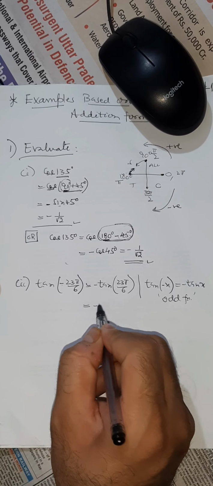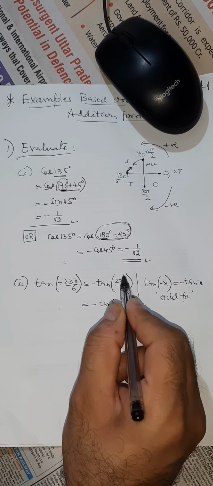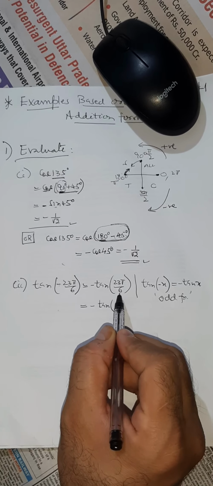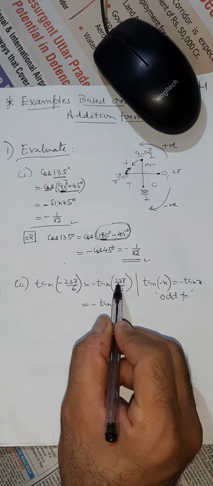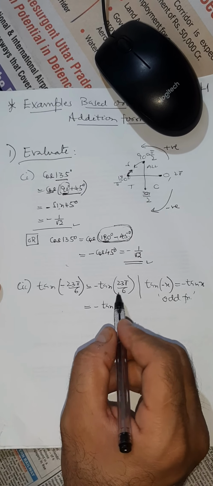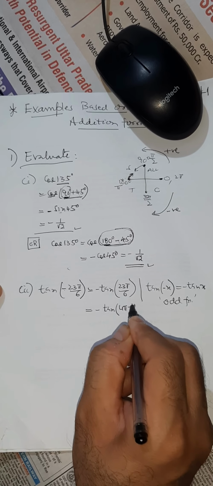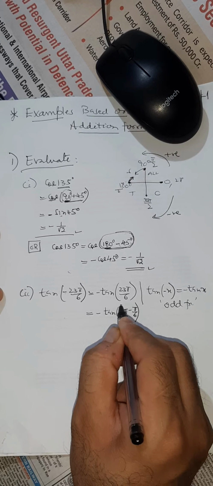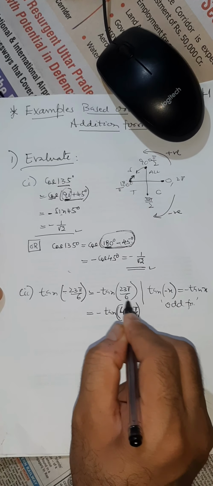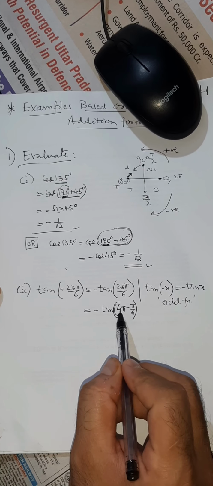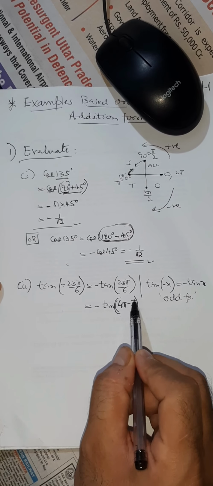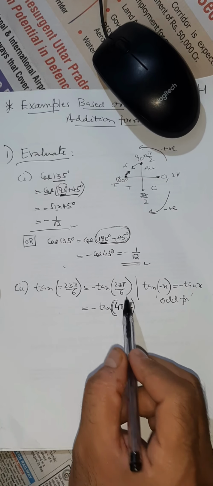Okay, now we keep this minus as it is. You know how to do this. Find the multiple of 6 close to 23, which is 24 by 6. So you can write 4 pi minus pi by 6. This we did earlier, this arrangement. 4 pi minus pi by 6, 24 minus 1 is 23.